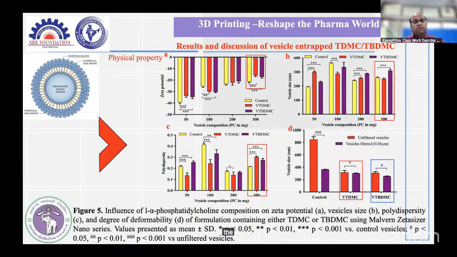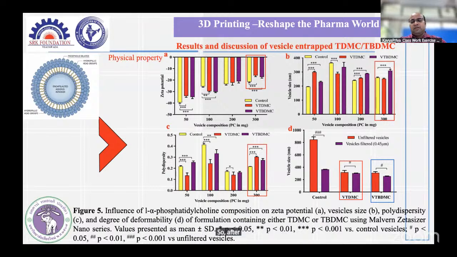The composition was varied because when we used 50, the initial composition of phosphatidylcholine, the entrapment efficacy was less, and then we had to improve the concentration and find a reliable entrapment efficacy that can be further processed.